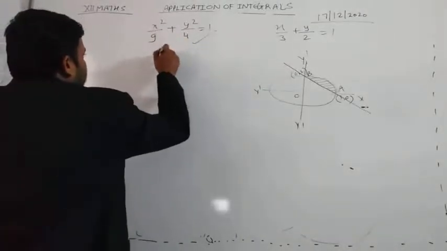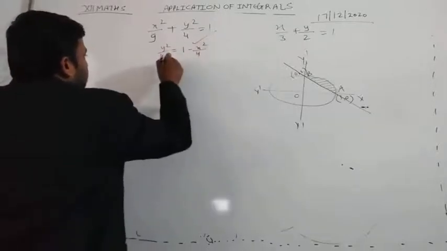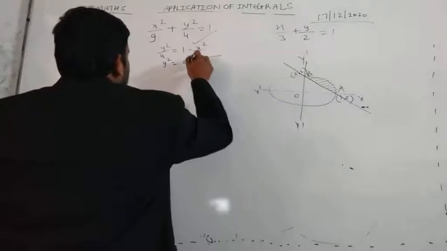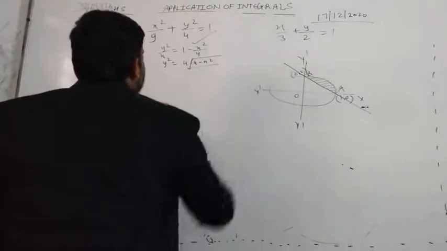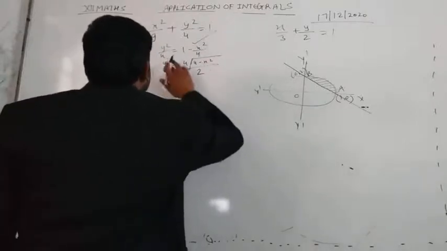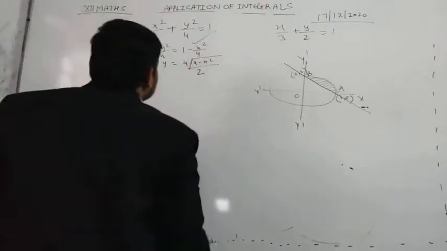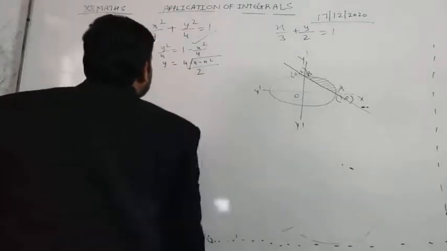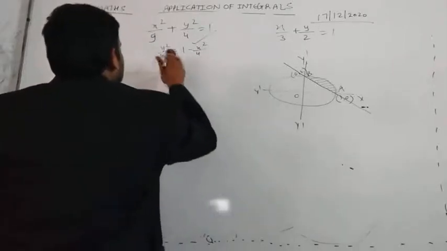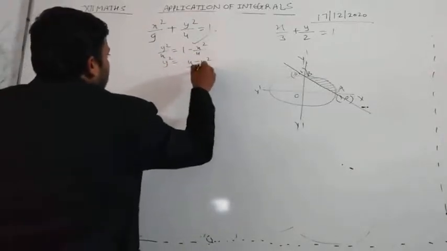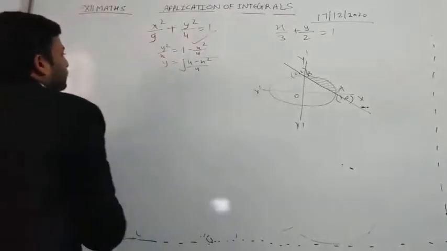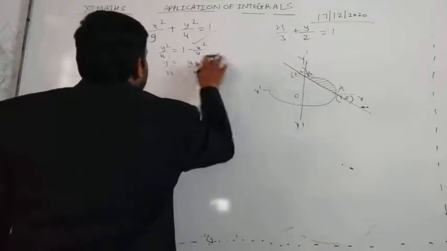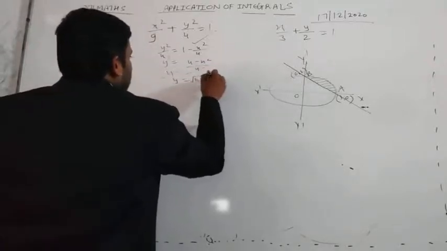So y will be what? y² = 4(1 − x²/9), so y is √(4 − 4x²/9)... y² by 4 ... So y² = 4 − x².